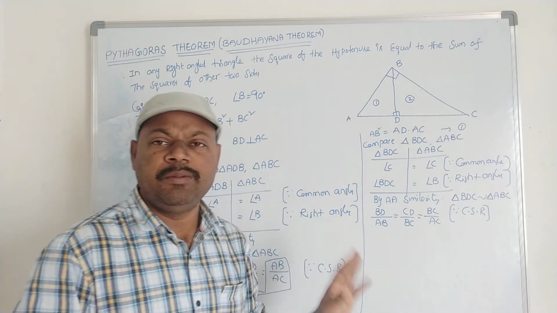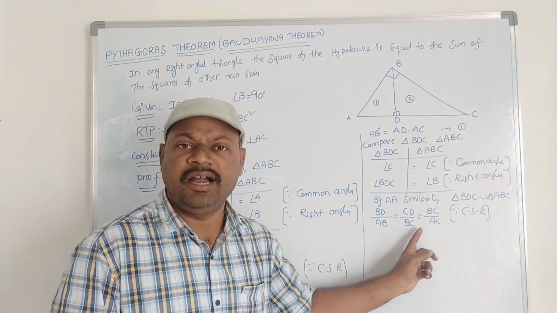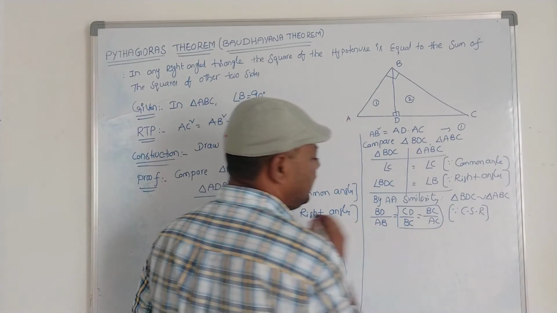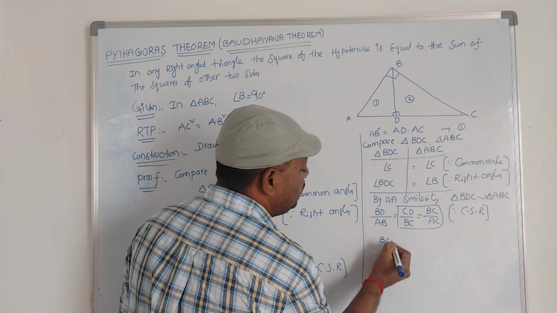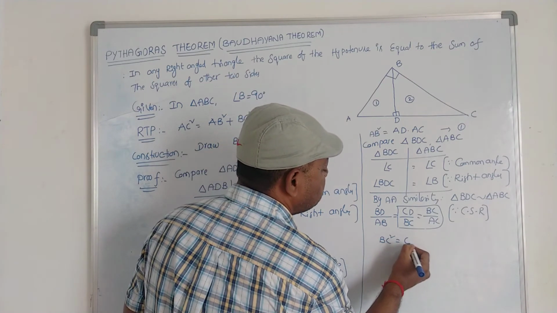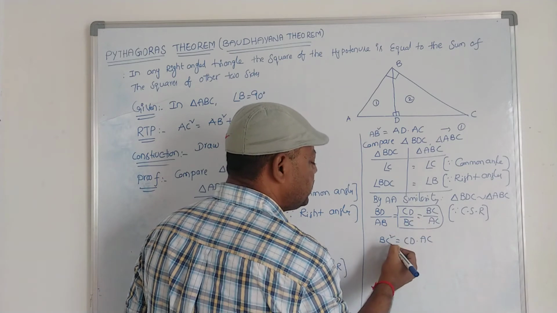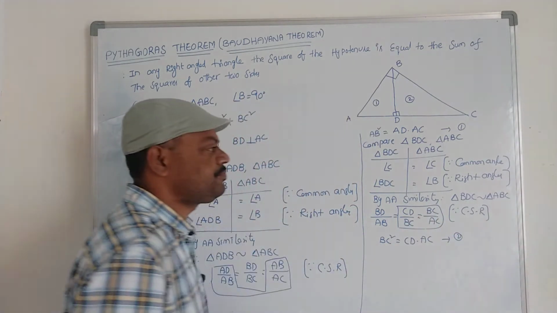Now do the cross multiplication to get the square. Compare the second and third ratios. BC into BC means BC square equals CD into AC. This is the second equation.